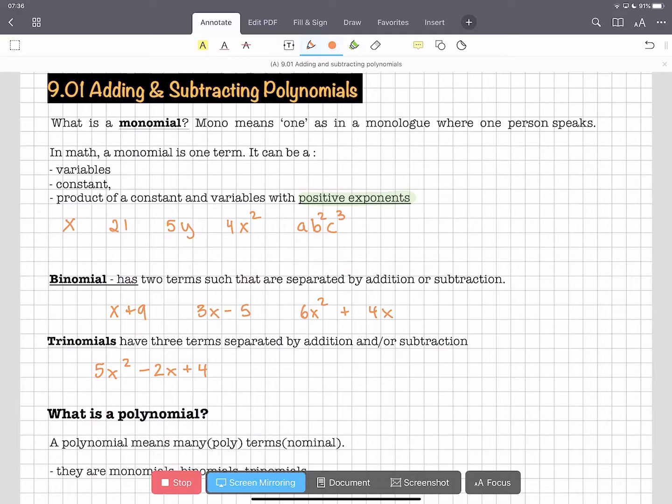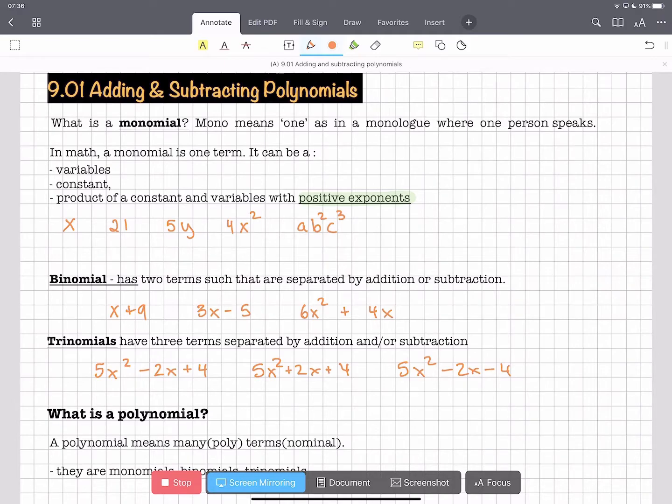It could be all addition. It doesn't have to be a combination of addition and subtraction. So it could have been 5x squared plus 2x plus 4. And likewise, it could have been all subtraction as well. So 5x squared minus 2x minus 4. All of these are trinomials.